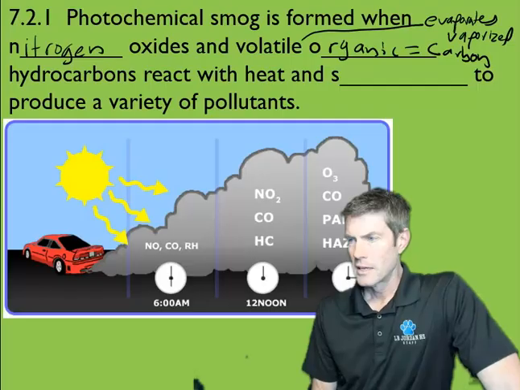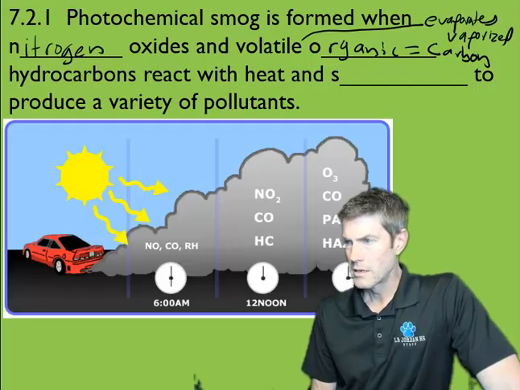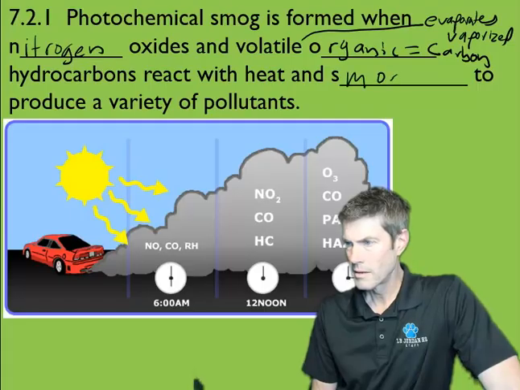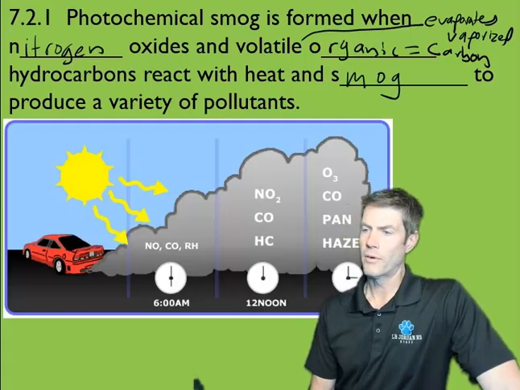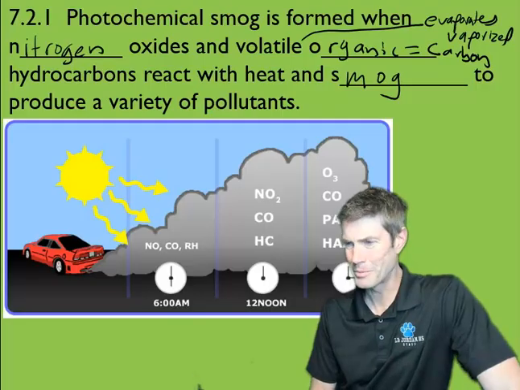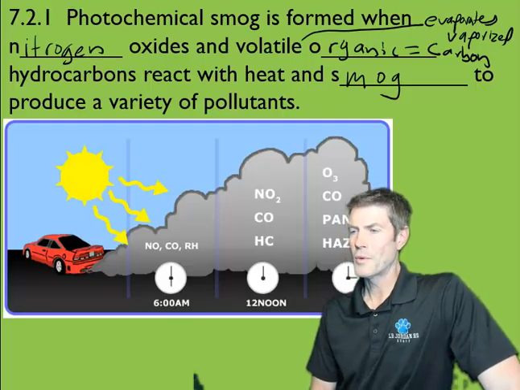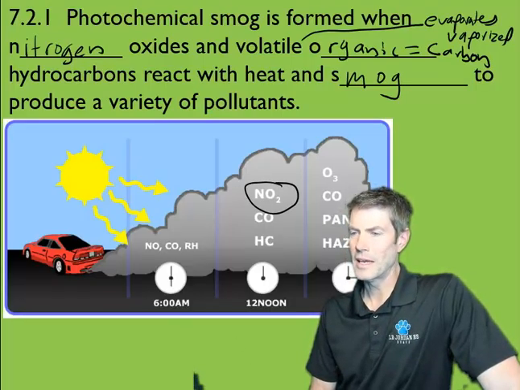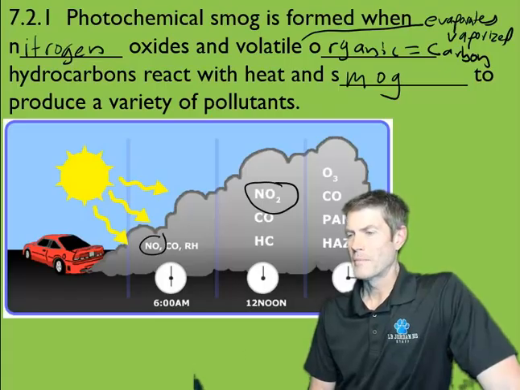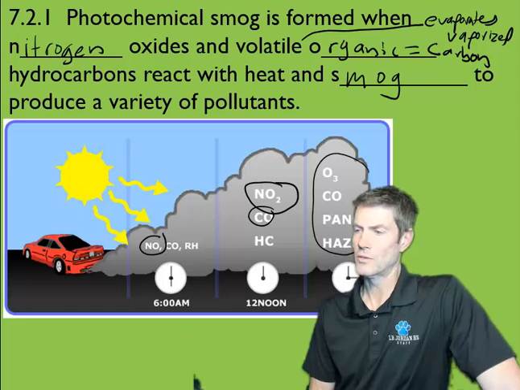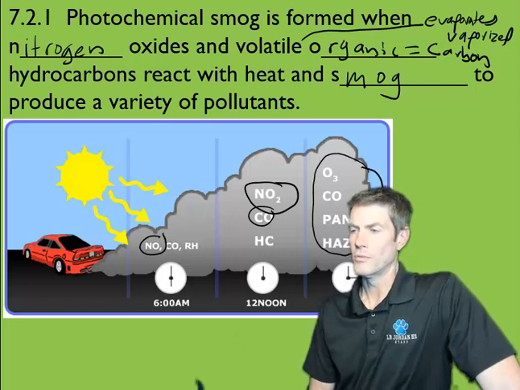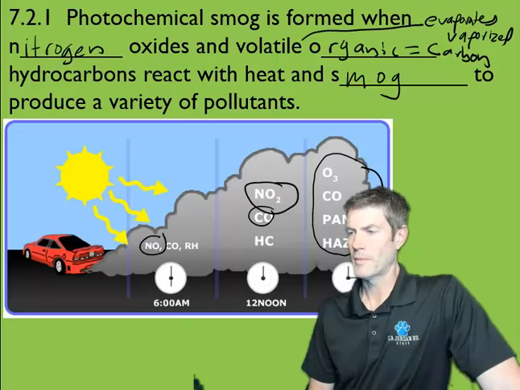These react with heat and sunlight to produce lots of pollutants. So here we have nitrogen oxides that we get, carbon oxides, and then if we add a bunch of sunlight to it, these are the secondary pollutants, the photochemical smog.